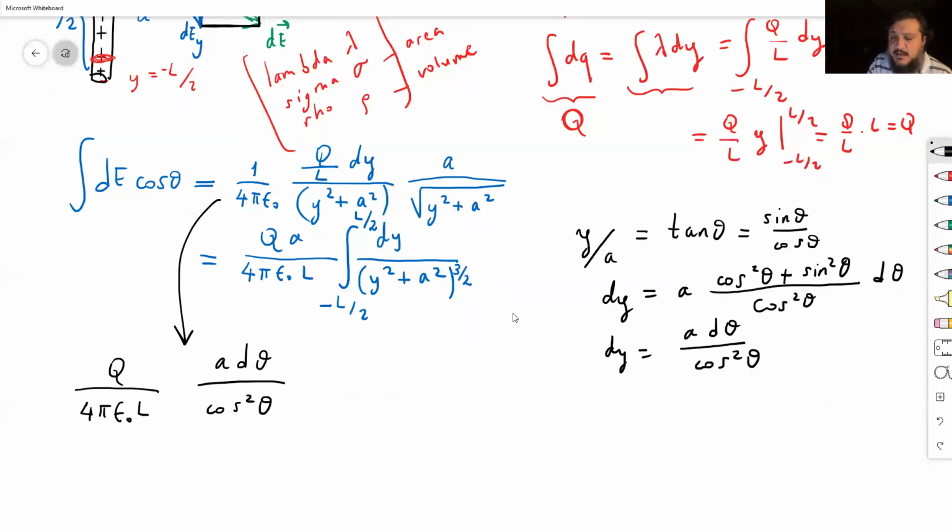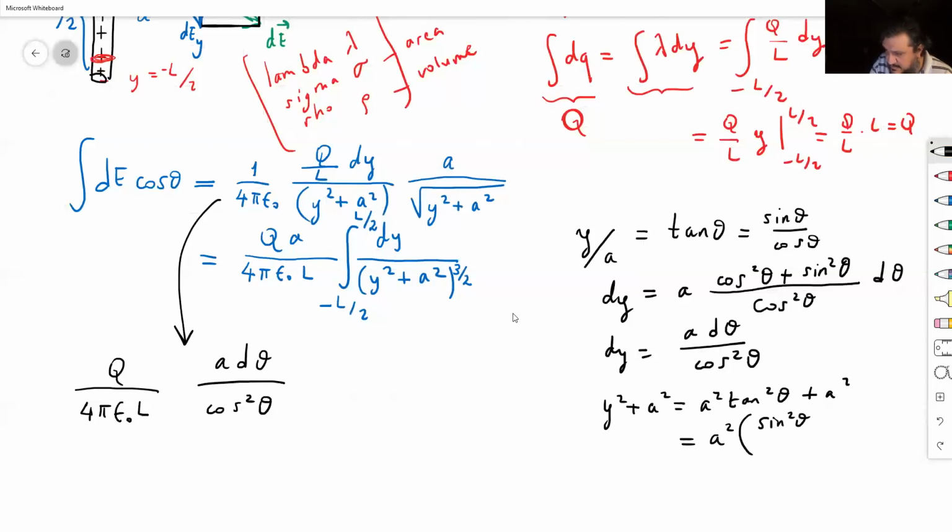Now you will need here what is that? y squared plus a squared. So y squared plus a squared is a squared tangent squared theta plus a squared, which is a squared. Tangent squared is sine squared over cosine squared.